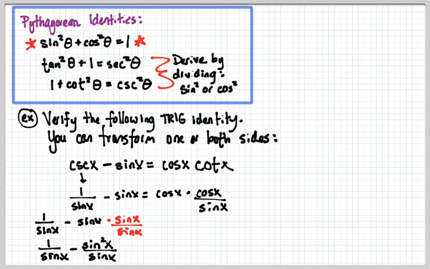All right, so we're still on the left. Go ahead, combine. And I wish I had more room. I don't, but that's fine. Move it up over here. So now I have 1 minus sine squared x over sine x.